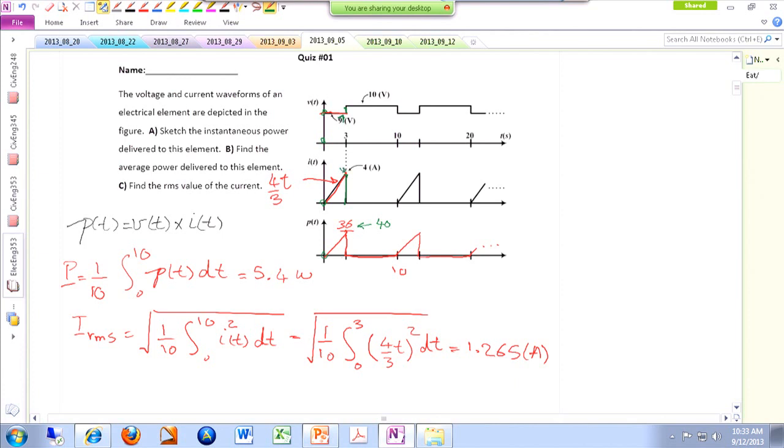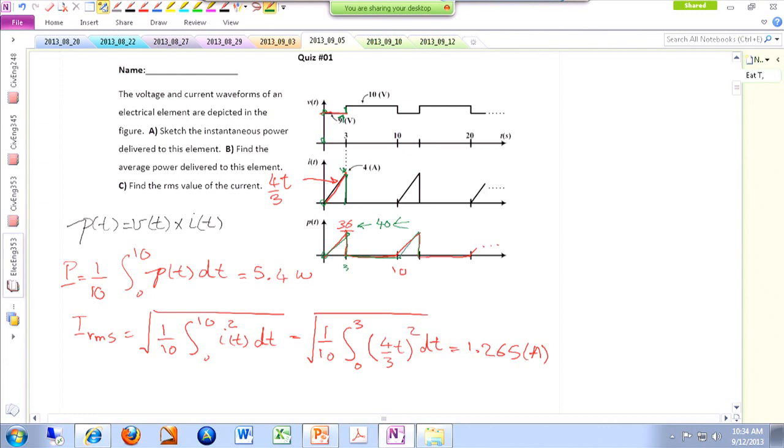So the multiplication of those right before 3 happens is 36. Beyond that, you don't care. You just know that there's a sudden change. I'm not expecting you to evaluate the instantaneous value of power at exactly time equals 3 seconds. So this was a very common mistake. And please remember, these are all periodic. So whatever I get here, I should get the same thing over here.